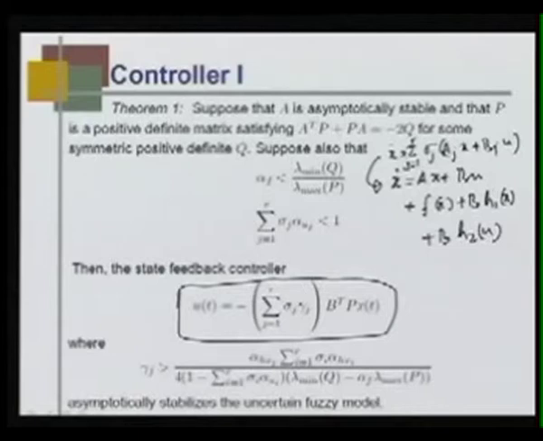And then we are saying that this system will be stable if the control input u is given by minus the sum over j equal to 1 to r of gamma j B transpose P x t.